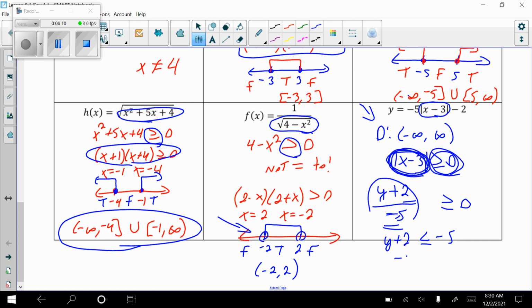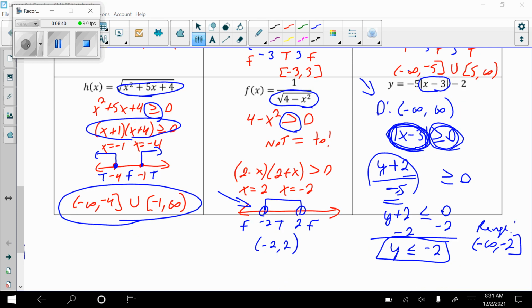Sorry, 0 times -5 is 0. Okay, and then I'm going to subtract 2. So I have y is less than or equal to -2. So this is going to be our range. So our range is going to be from negative infinity to -2. And we're going to go with that.